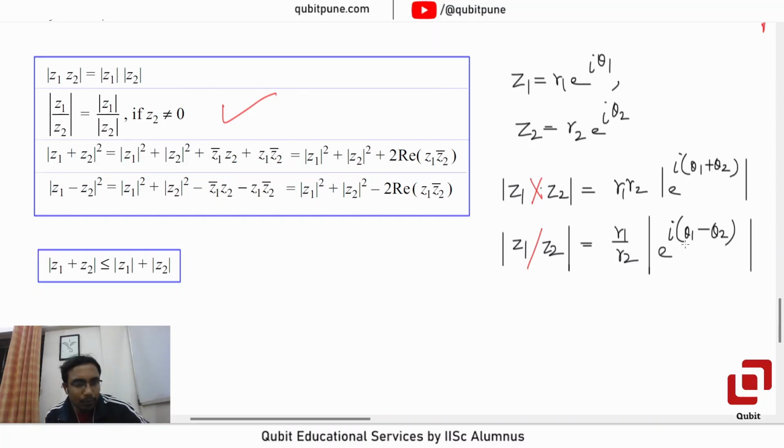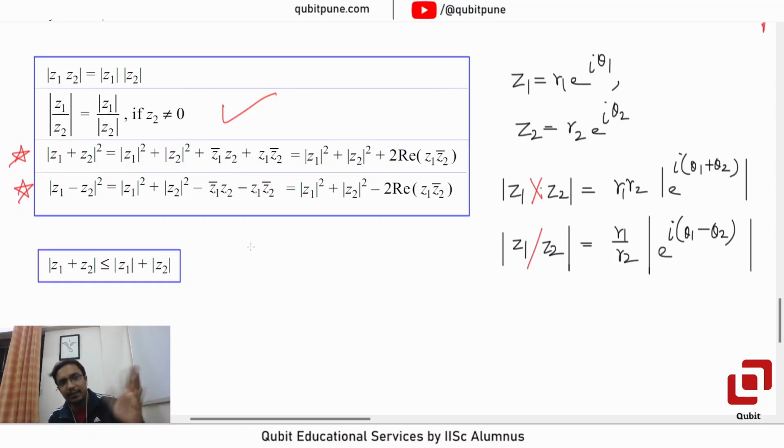z1 plus z2 mod squared is mod z1 squared plus mod z2 squared plus z1 bar z2 plus z1 z2 bar. You may verify these results at home. You can also try proving them. They are very simple. See, now what I'm saying is, it's not absolutely essential to know the results.